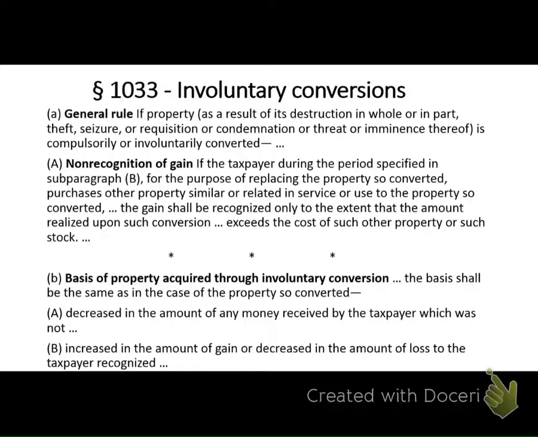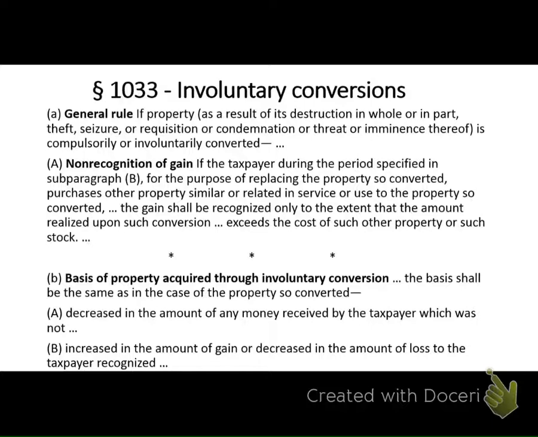Because of 1033, it says that if I reinvest this money into a new property similar or related in service or use to my old property, I can defer gain, right? I can include it in my new basis. But if I'm buying new property with a fair market value that's less than my adjusted basis in the property that burned down in this case, then I'm not benefiting at all from this 1033 involuntary conversion provision.